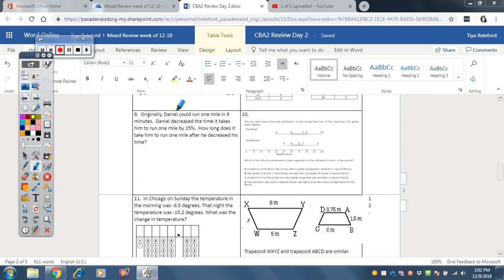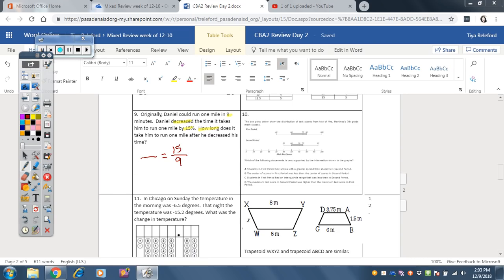Number 9 says originally Daniel could run 1 mile in 9 minutes. Daniel decreased, that's a keyword, the time it takes him to run 1 mile by 15%. How long does it take him to run 1 mile after he decreased his time? Decreasing by 15% is not the same as decreasing by 15 minutes. In fact, you can't run a mile in -6 minutes.